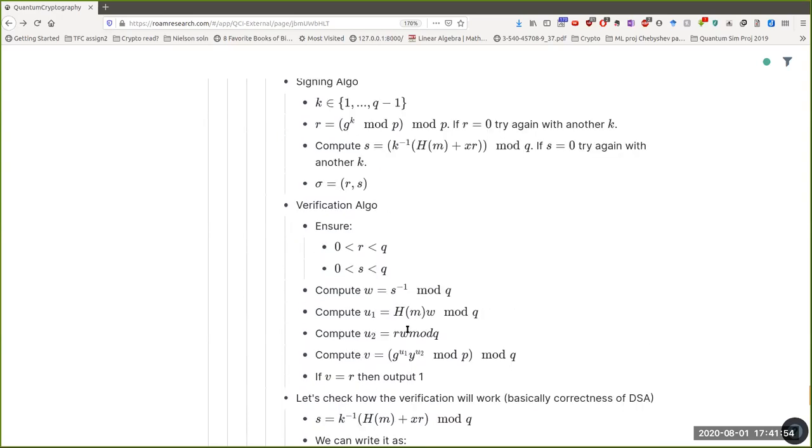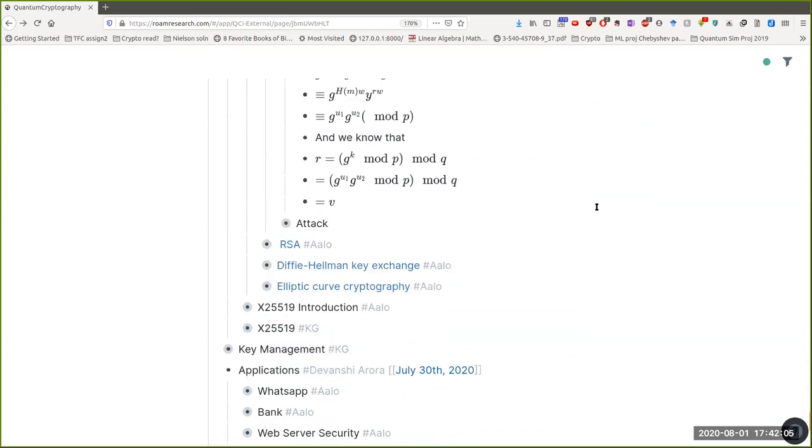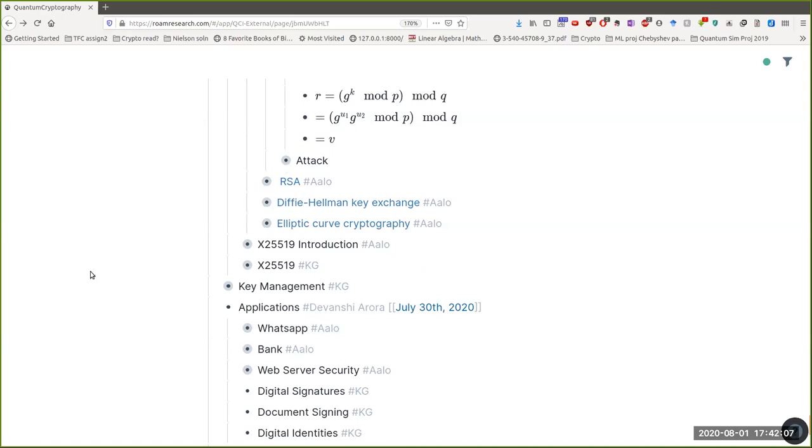And that means these steps all match and work properly. That's what is called the correctness of DSA, or any cryptographic algorithm.